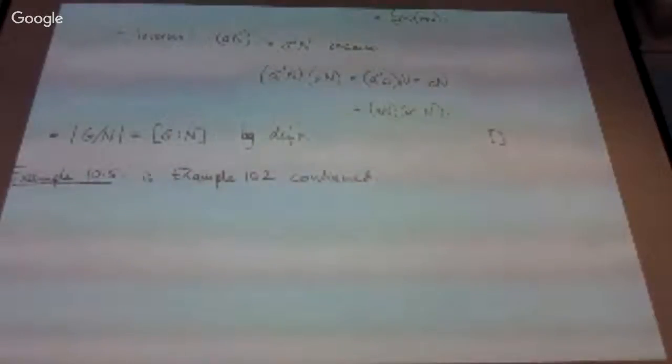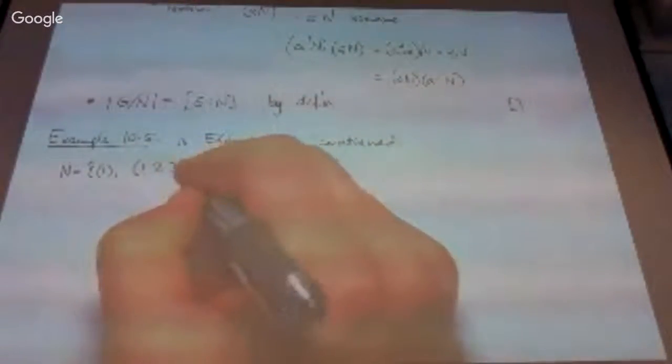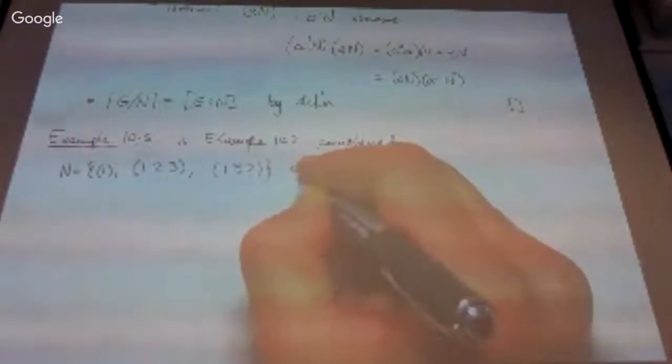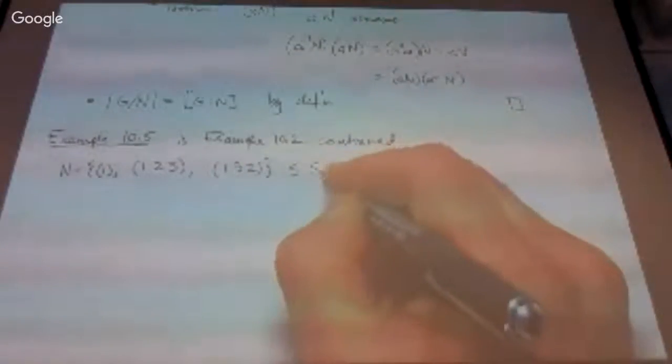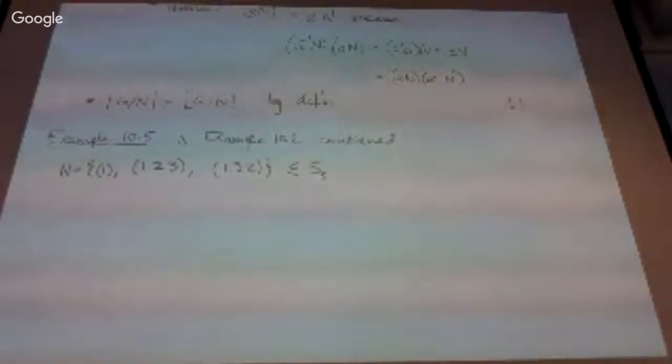In example 10.2, N consisted of permutations: the identity permutation and these 3-cycles. Then we said that it was a normal subgroup of the symmetric group of all permutations on 3 letters, or 3 elements.